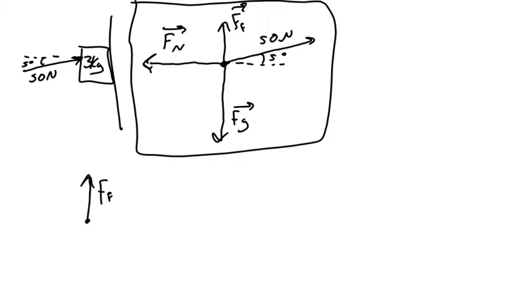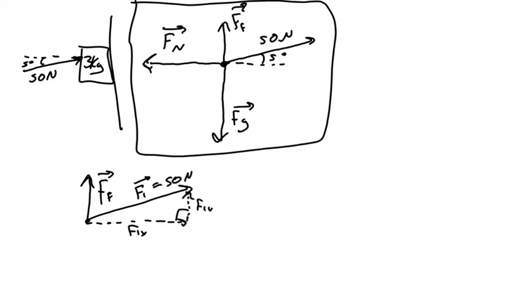So force of friction, I think that's upward, but we'll find out. We got this 50 newtons. I'm just going to call that F1, just so I have something to call it for variables here. It's 50 newtons. And then I'm going to go ahead and break that up into its x piece and its y piece. And this will be F1x, and this will be F1y, and that's a 5-degree angle.